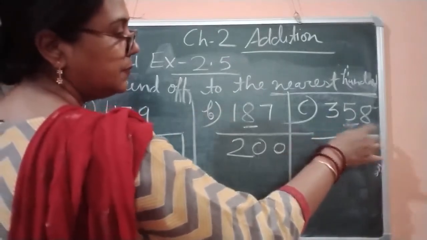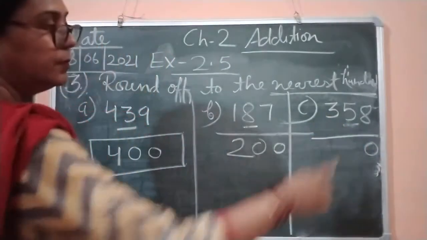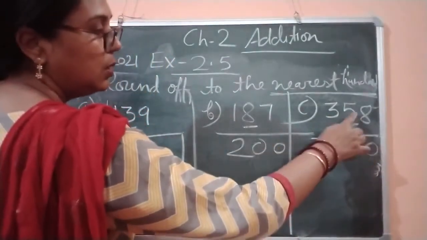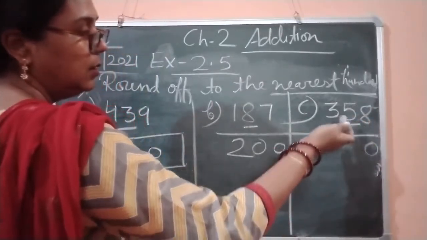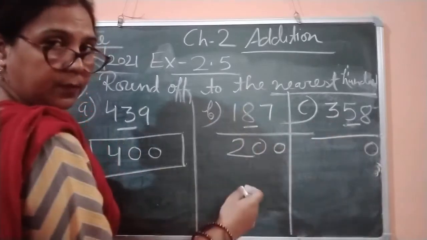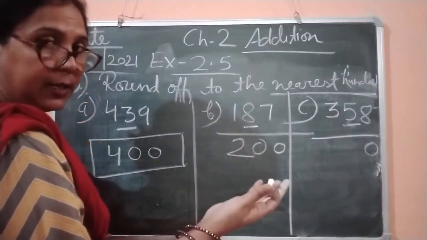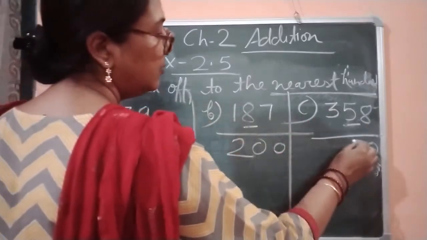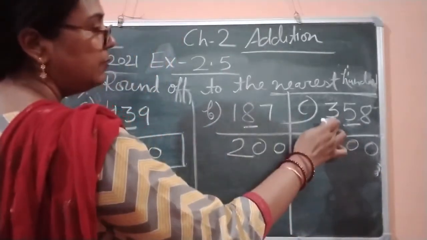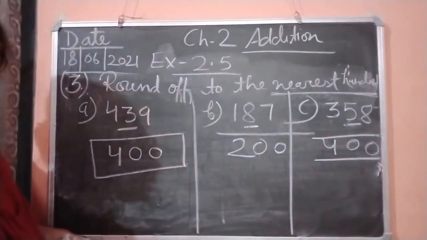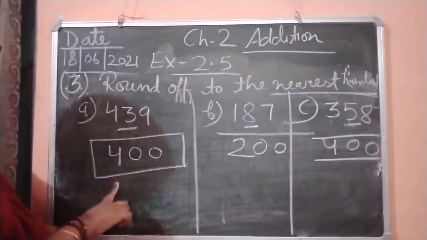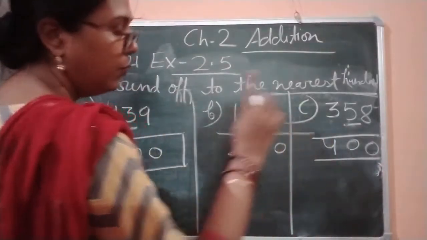So at the ones column we will write 0, because this is 5, so it is considered more than or strong. That is why we will write 0, and 1 will be added over here. It will become 400. Okay. So this is 400, 200 and 400.